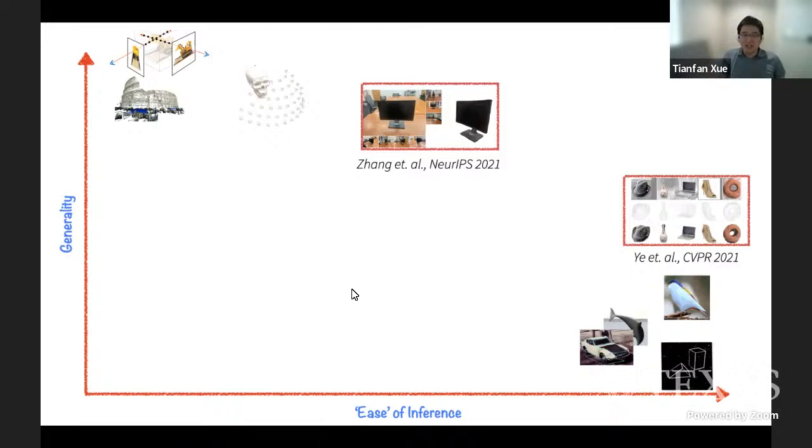So I think each one of them has pros and cons, and getting a good balance between the representation power and the way to connect with the neural networks is very important.